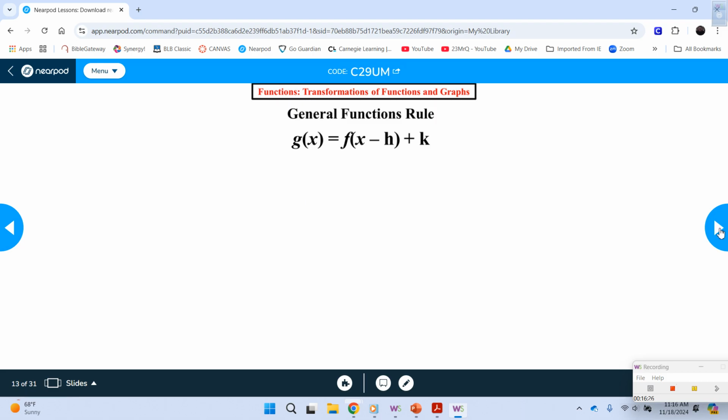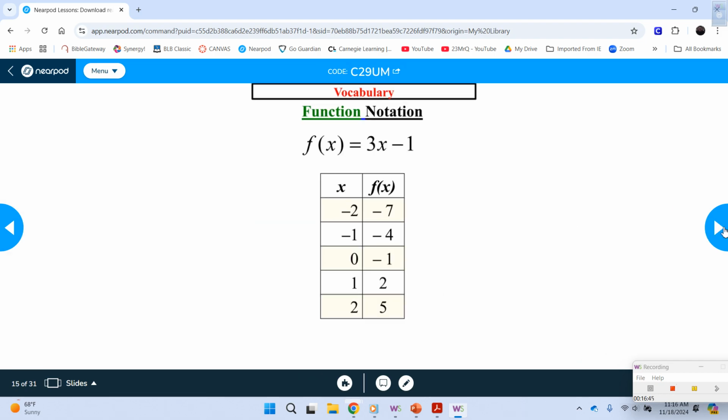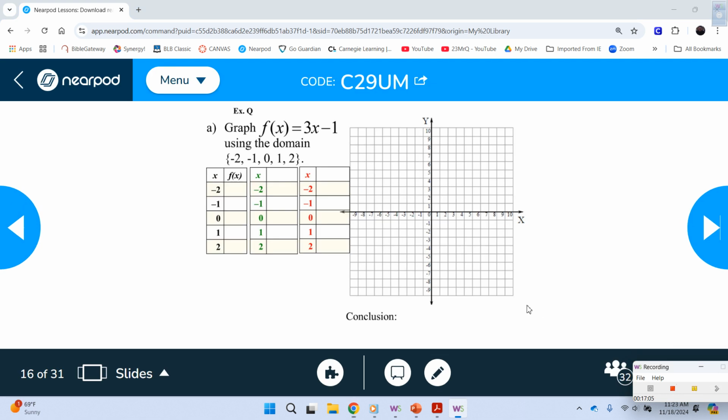So with that said, to get started, just to recap, we went from y notation to what? F of x notation, yes? So that's why we now are in function notation. So we're going to focus on this one, but before we continue, we're going to actually graph some of these. This is example Q. So what we did, we printed out some handouts for you. So go get a handout next to the paper back there. Grab, and it should look something like this.